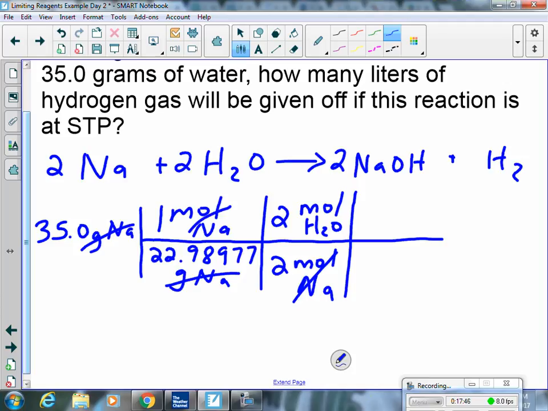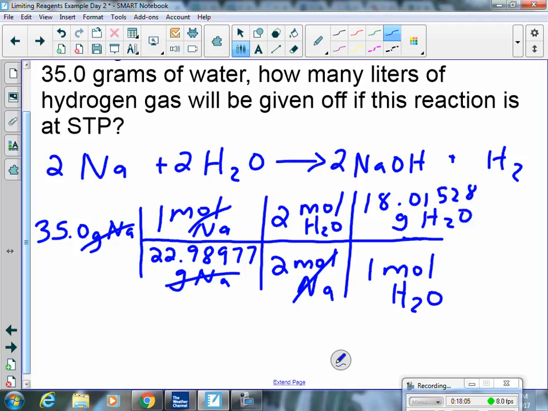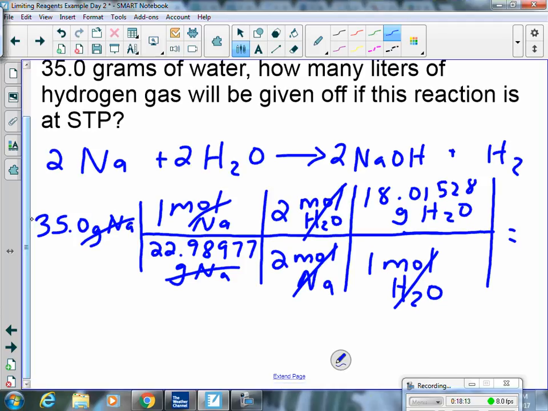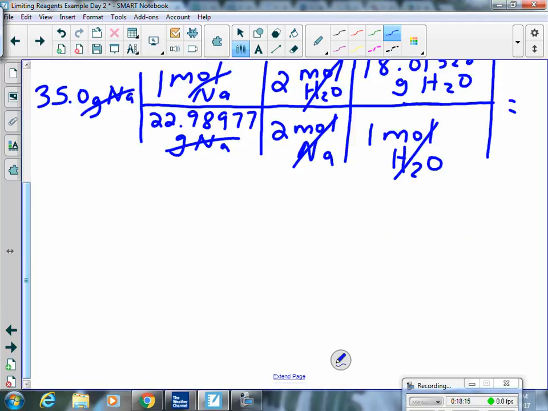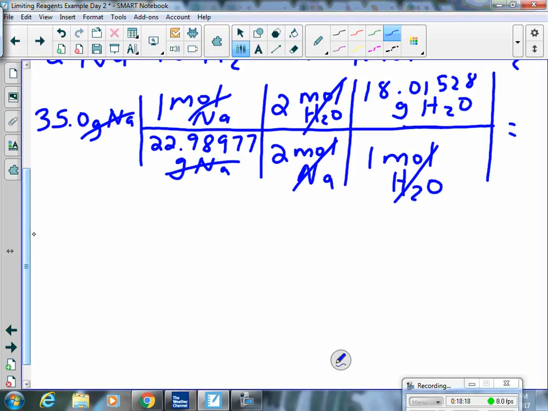If I go back to mass of water, I know that 1 mole of water has a molar mass of 18.01528 grams of water. So now I'm going to have my answer in grams of water, correct?